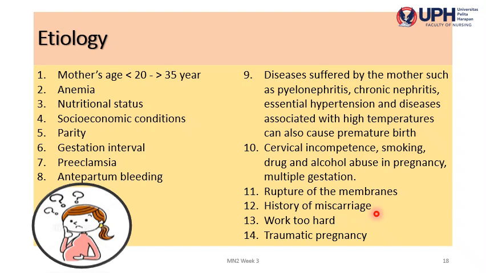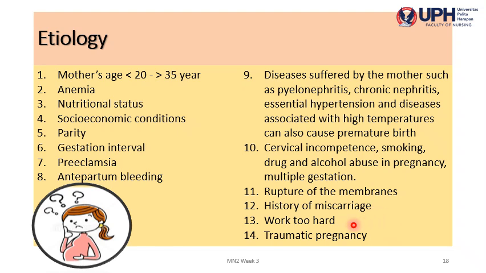So we really do a history assessment of the mother's obstetric history to make sure that there is no history of miscarriage, because if there is, it will be one of the etiologies that can cause another premature baby.